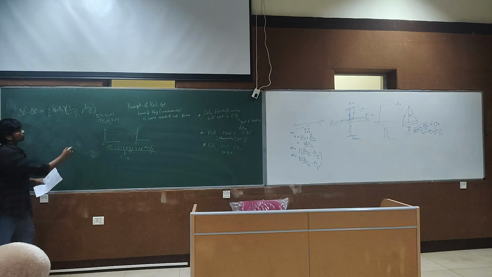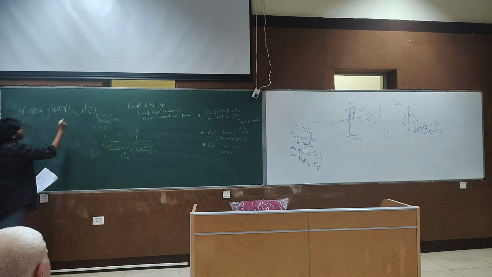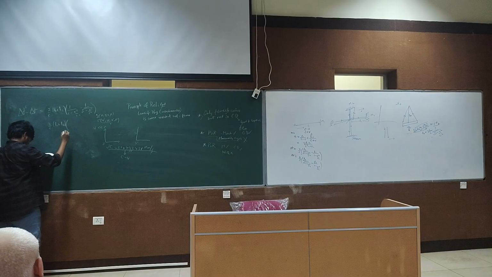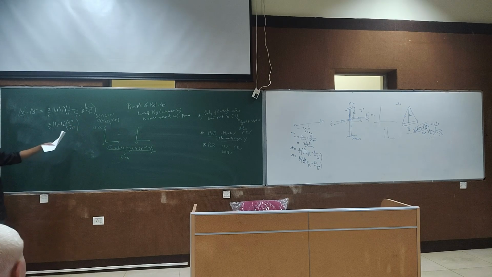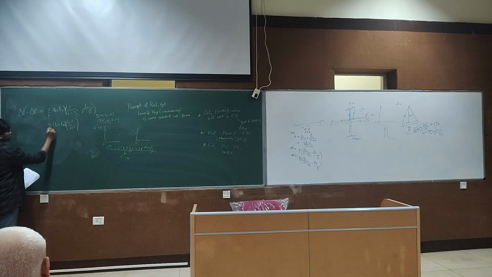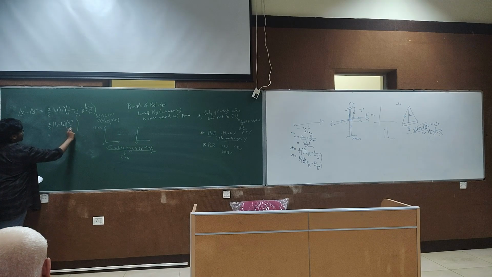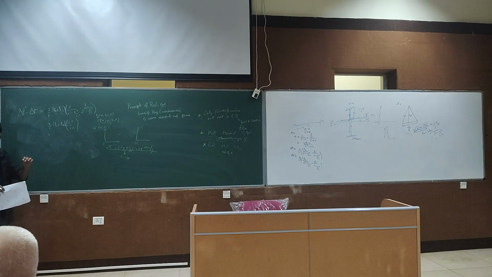Now if you assume v much smaller than c, you can approximate this to 1 plus half v square by c square. Gets cancelled. It's the difference between changes in time, right?